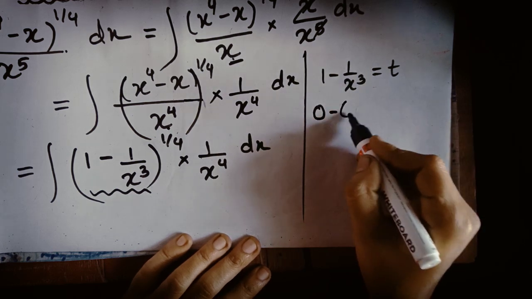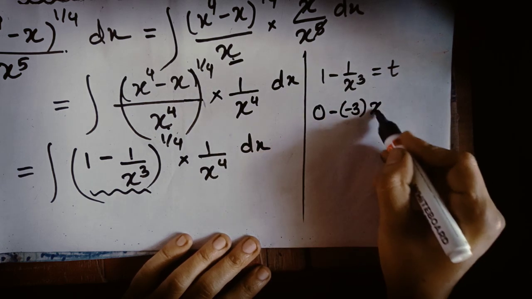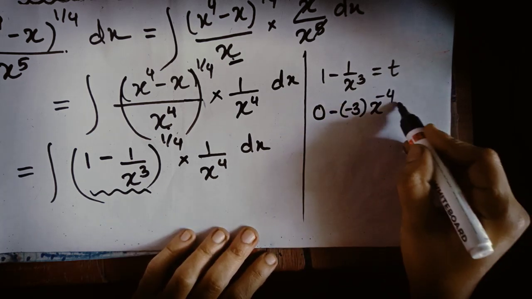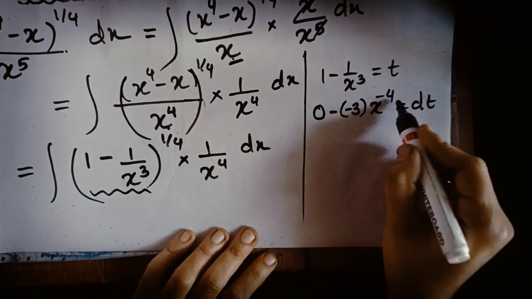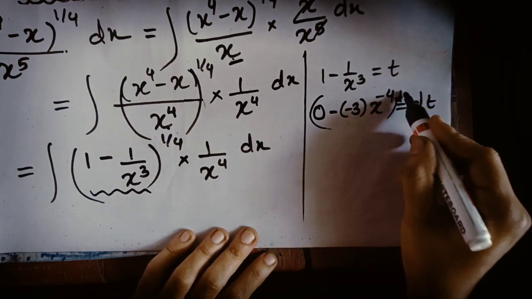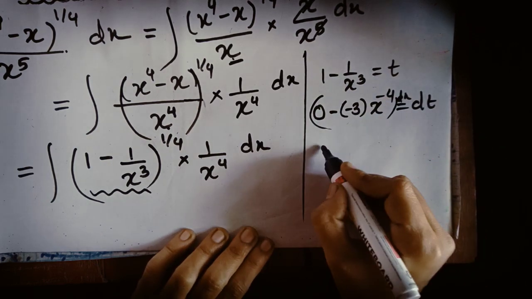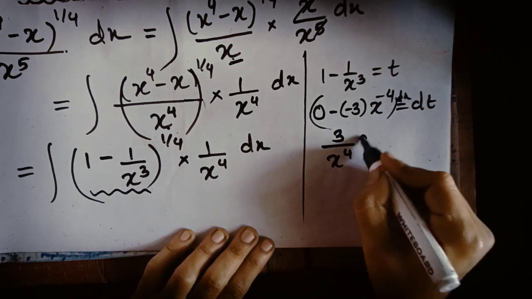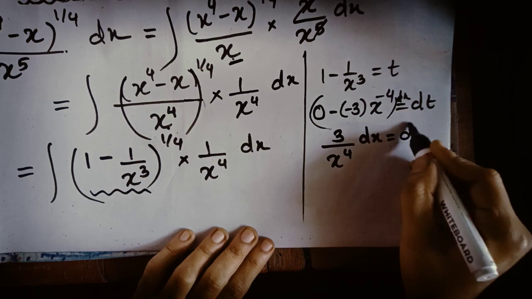So this will be minus 3, x raised to minus 3 minus 1. So this will be minus 4 dt, and here you have to write dx. Okay, so this will be plus 3 upon x raised to 4 dx equal to dt.